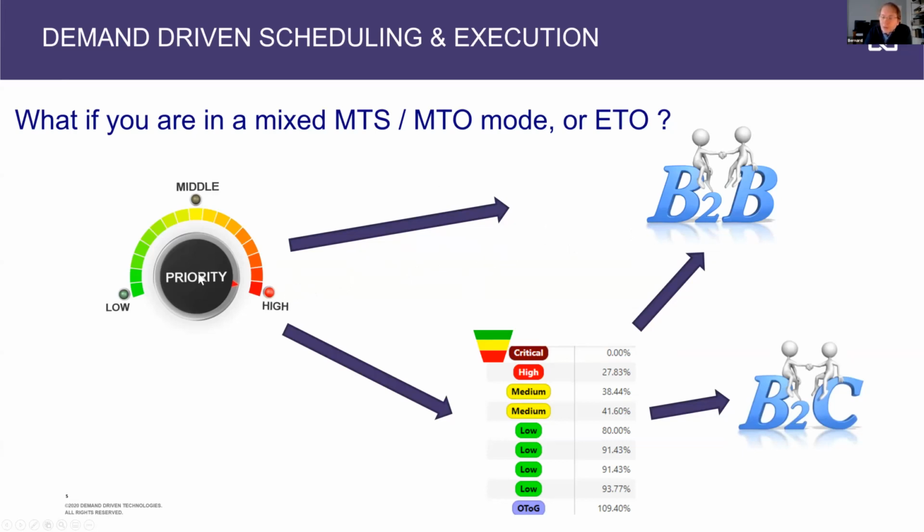How do you deal with consistent priorities in such an environment, where you have to use the common resources for either make-to-stock or make-to-order products? That's not that simple, and that's where demand-driven scheduling and execution comes into play as well.